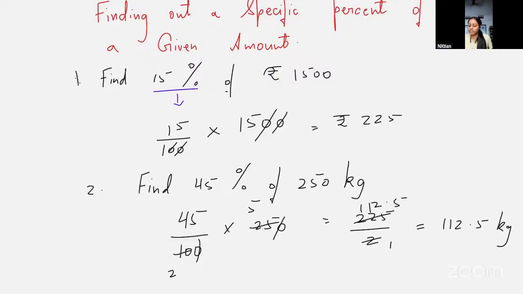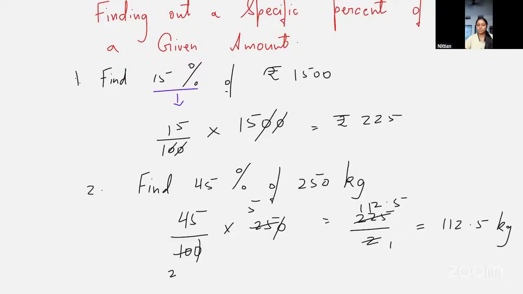You can just divide 225 by 2 using the normal division method and write it in points, or you can write it in the form of a mixed fraction also. Remember previously I taught you how to write a mixed fraction. Both answers are fine.